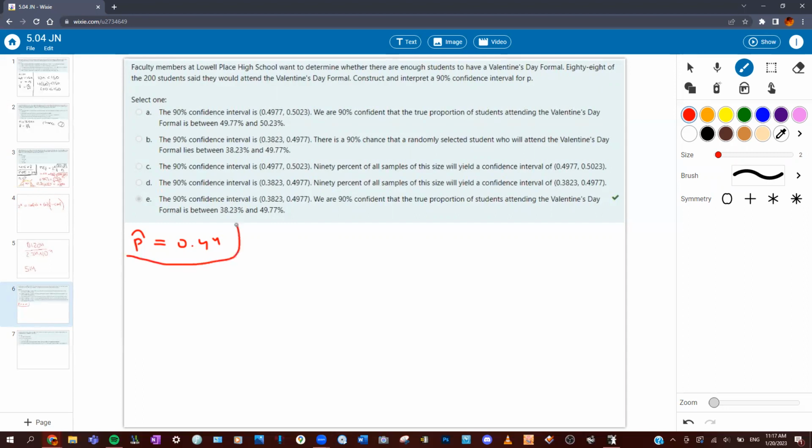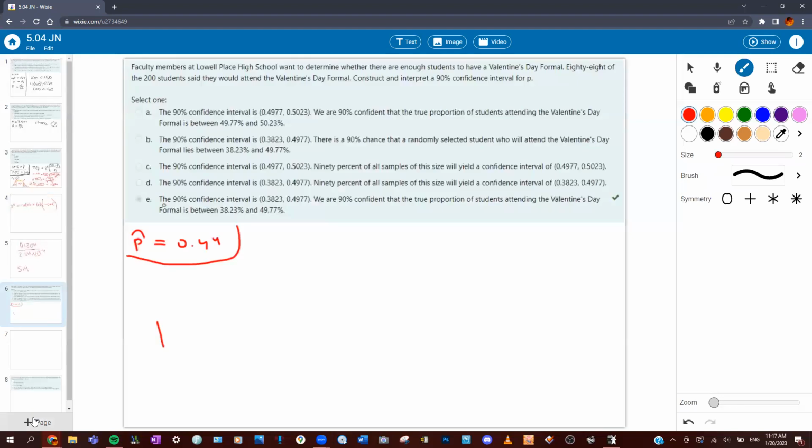Okay, what do we have to do this time? Well, this time, we have to do something a little bit different. We're not going to use that same margin of error one. We have to use a slightly different formula, which is this. P hat, you know what, let me just do it on the next slide because I'll have more room.